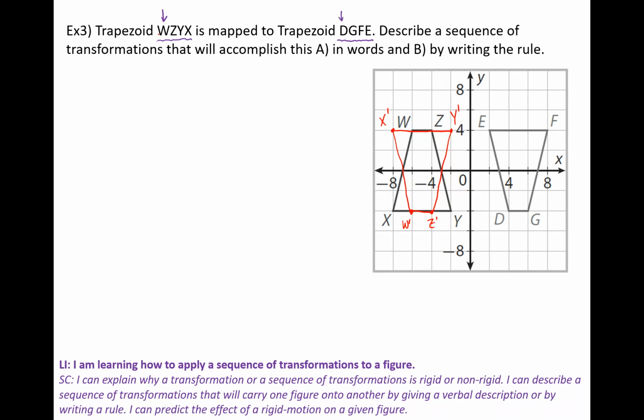So I'm trying to get W to match up with D, which means I want this point to match with this point. So I don't want to flip it over. I could try and flip it across the y-axis, but that's going to make W actually go 1, 2, 3 boxes away from the y-axis. It's not going to line up right.